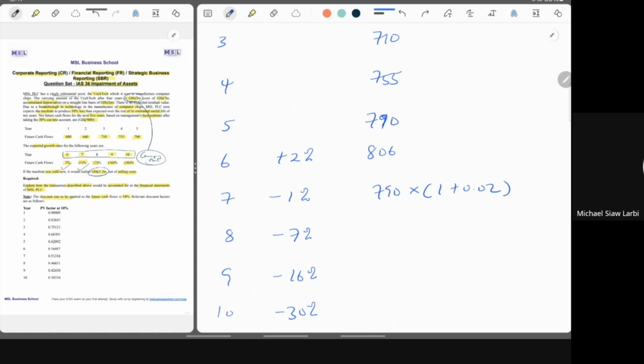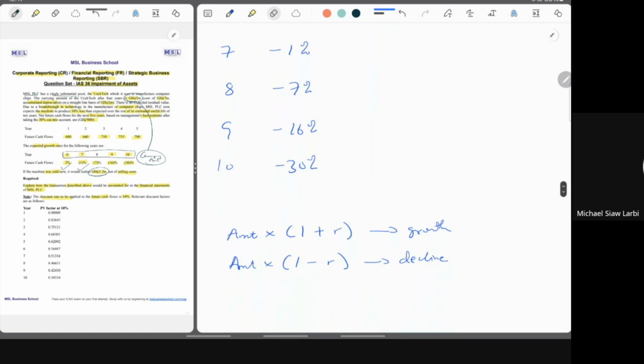Let's continue. We'll do the same for year 7. For year 7, you take the year 6 figure and reduce it by 1%. Like I said, if it's a reduction, you use the relation, the amount times 1 minus the rate this time.